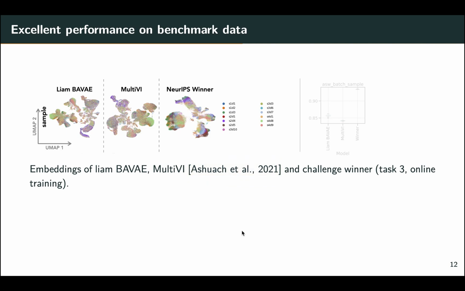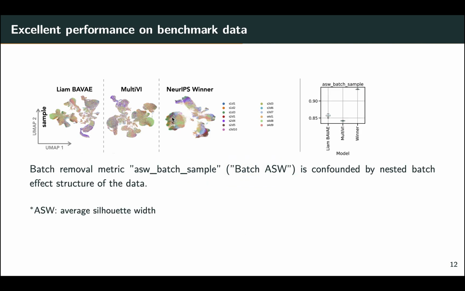What you can potentially already appreciate from looking at these UMAPs is that we see a stratification in the winning submission by sample. This came as a surprise, because this model performed actually best on one of the batch removal metrics in the challenge. We paired up with the challenge organizers to find out what was going on here.